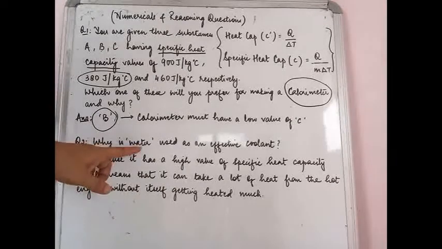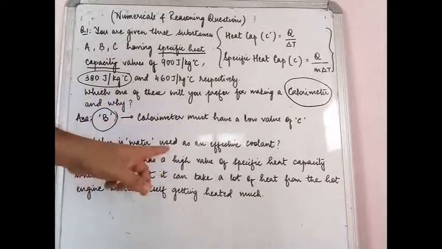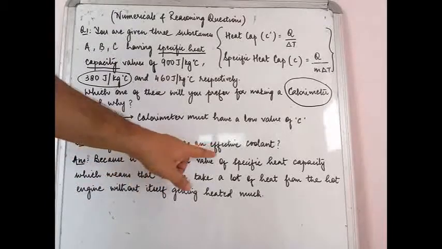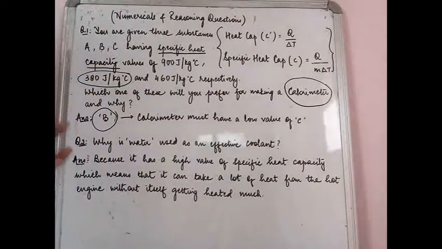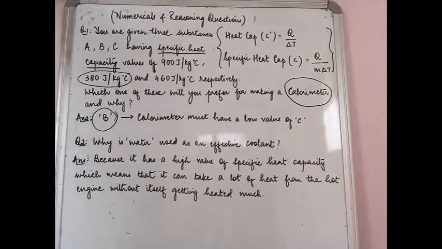Why is water, the universal solvent or the liquid, used as an effective coolant? Coolant is something that cools. Okay, so if you have observed in the four-wheelers, the automobiles, there is always a coolant that is used, which is slightly green in color and has a lot of water mixed in it. So what is the purpose of this coolant?